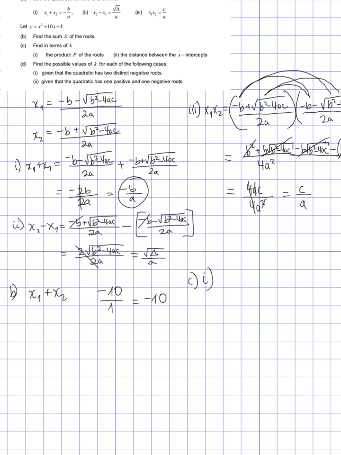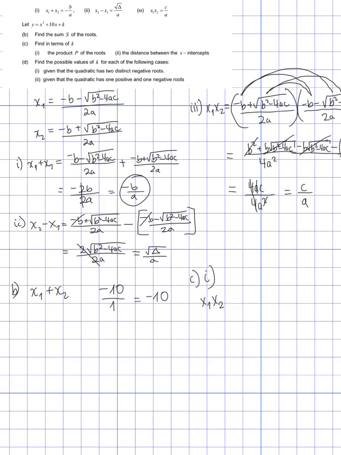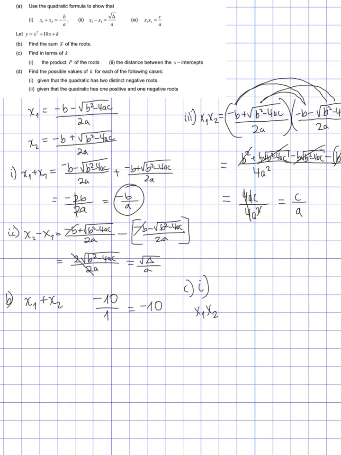Well, the product, x1 times x2, is c over a here, so we're going to have k over 1. So k is the product of the roots.